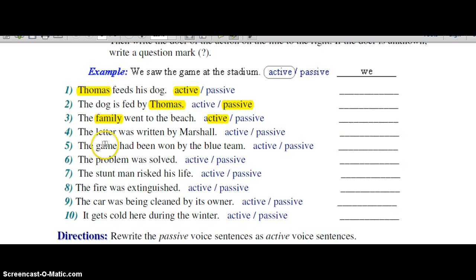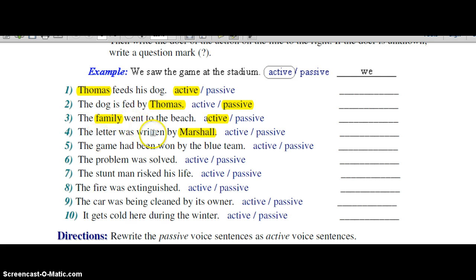Okay, number 4, the letter was written by Marshall. All right, so I immediately look and I see the letter, that's kind of the subject part of the sentence. If I ask myself, well, what or who was written, then that kind of helps me to see, well, who's doing the writing? Marshall is doing the writing.